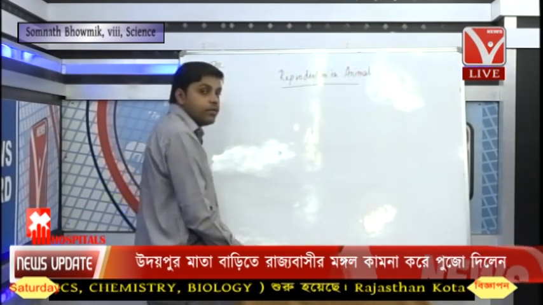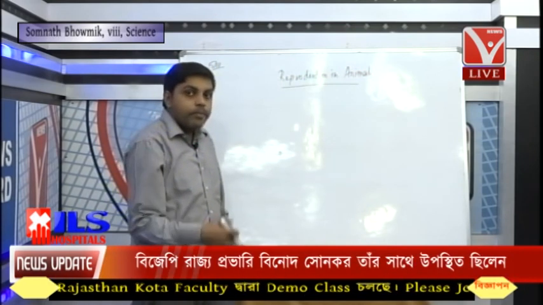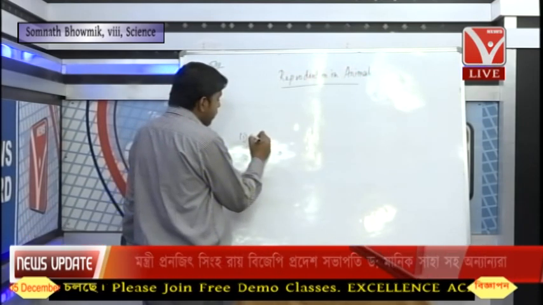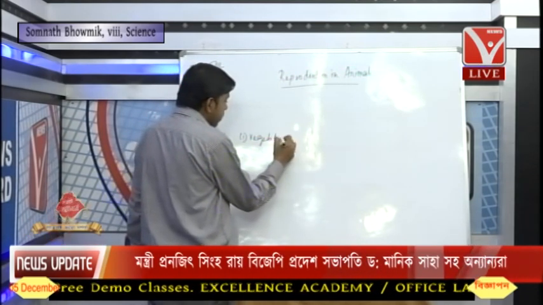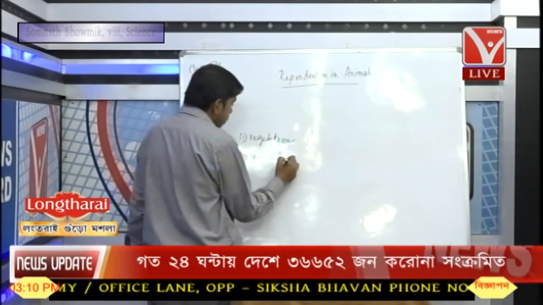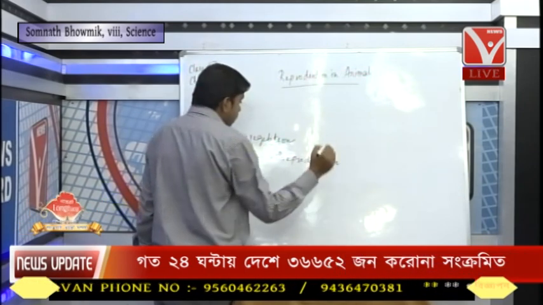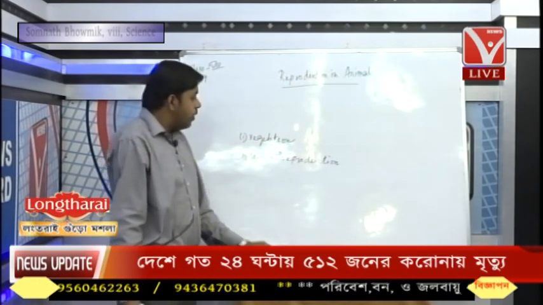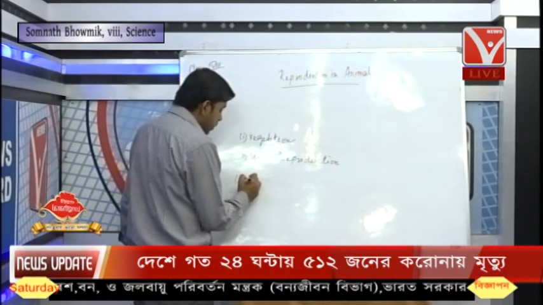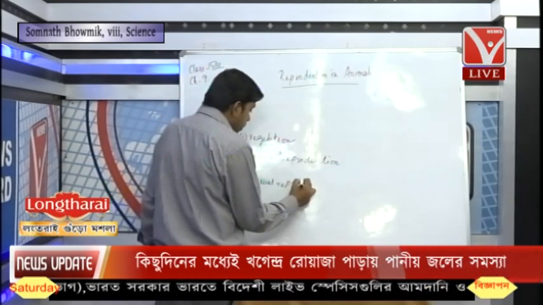Now in plants, we have seen that plants reproduce. In our earlier chapters we have already finished reproduction in plants. We have seen that plants reproduce either by vegetative or sexual reproduction, and there is also one more mode, called asexual reproduction.